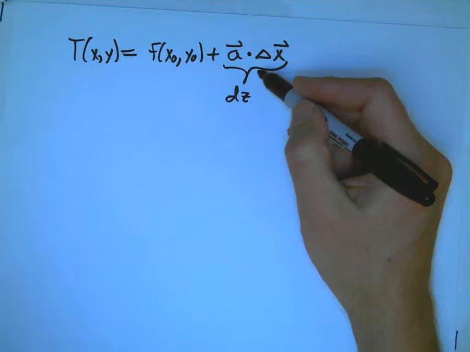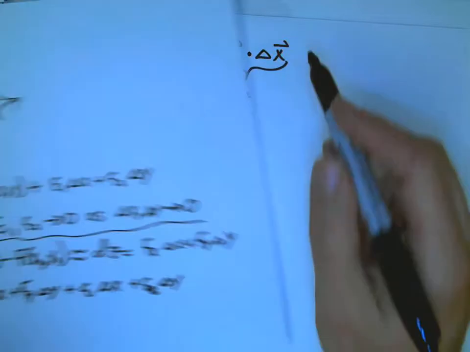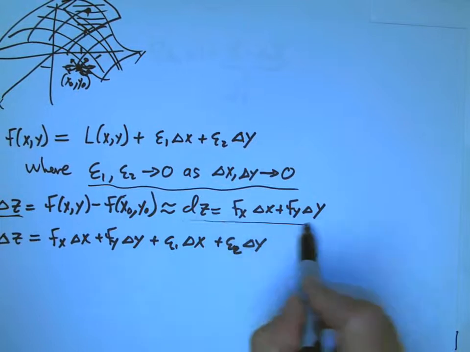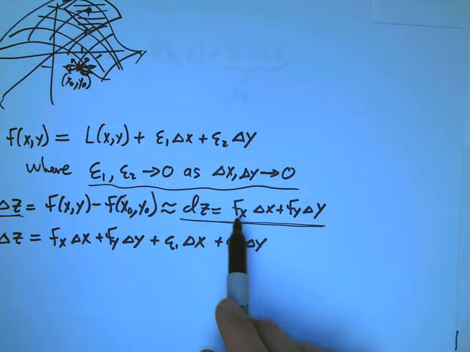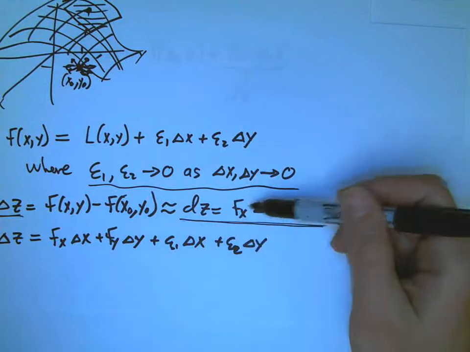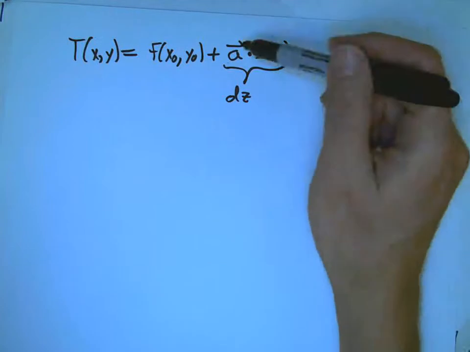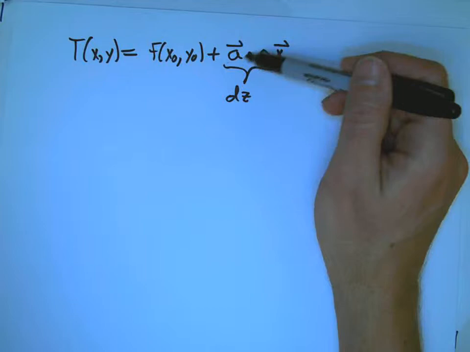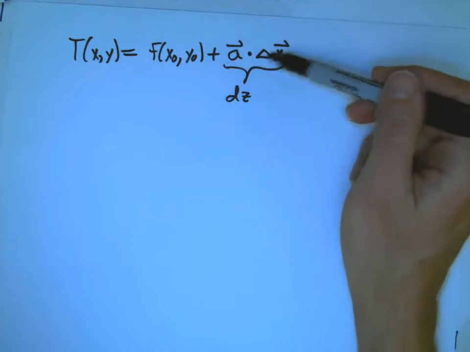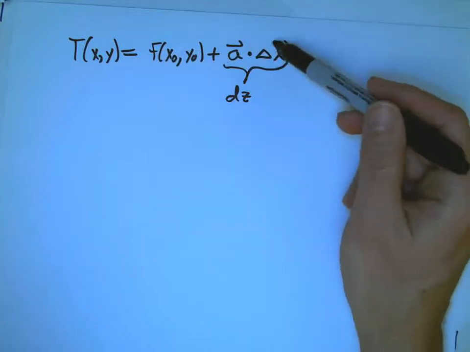That's how you figure out how much you go up or down, and again, one of the nice notations for this is dz. This is the idealized amount of change in the z variable. dz, I'll remind you, is another place we saw that. That idealized amount of change in the output of the function is a coefficient times delta x plus a coefficient times delta y, and you can interpret that as a dot product.